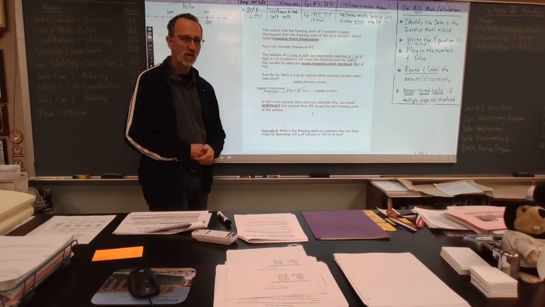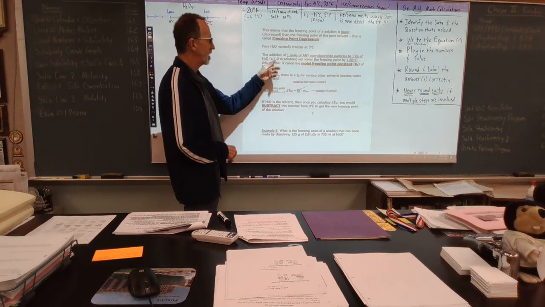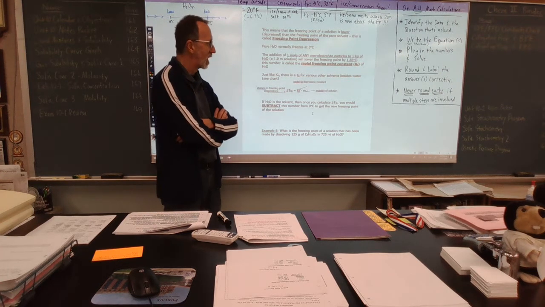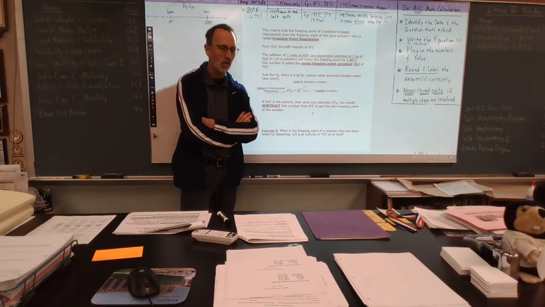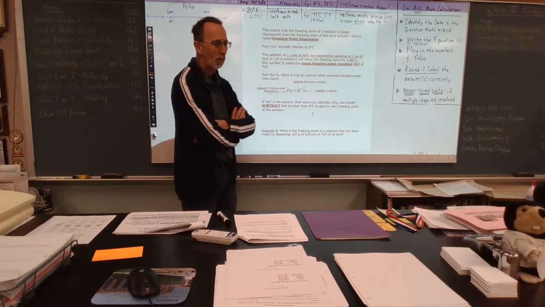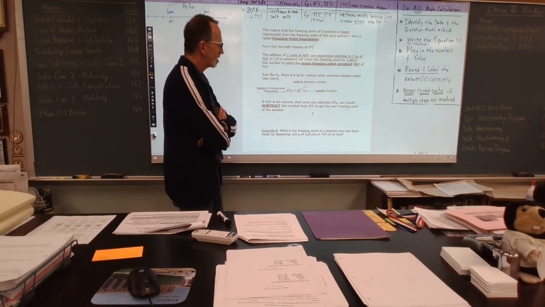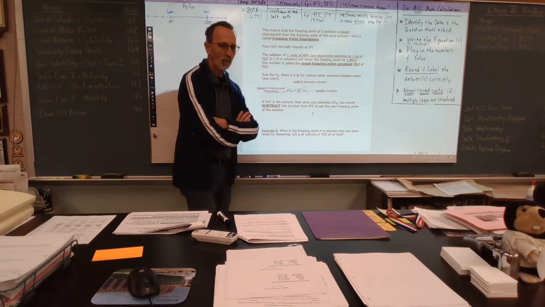So pure water normally freezes at 0 Celsius or 32 Fahrenheit. The addition of 1 mole of any non-electrolyte solid particles to 1 kilogram of water, again, this is a 1 molal solution, will lower the freezing point by 1.86 degrees Celsius, almost 2 degrees. This is called the molal freezing point constant, or Kf, of water.